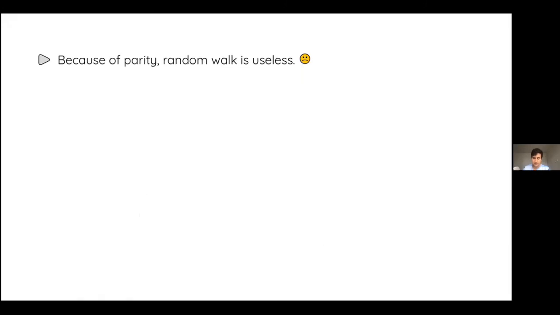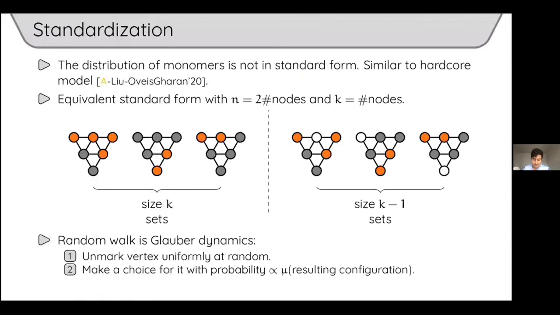The problem is once you unmark a vertex here, let's say you unmark this vertex, you go from here to here, you have to go back to the same place that you started from, because the number of monomers in a monomer-dimer system always follows the same parity, odd or even, based on the parity of the total number of nodes. So for this vertex, there's only one choice that you can make. So you're not making any progress by continuing this random walk.